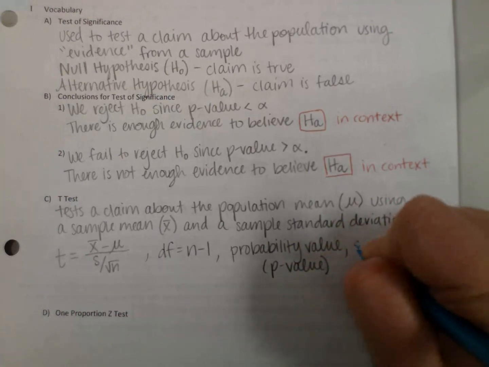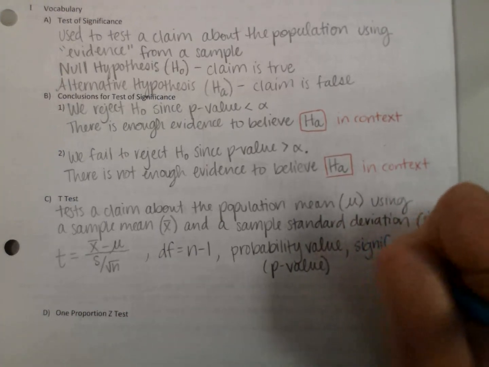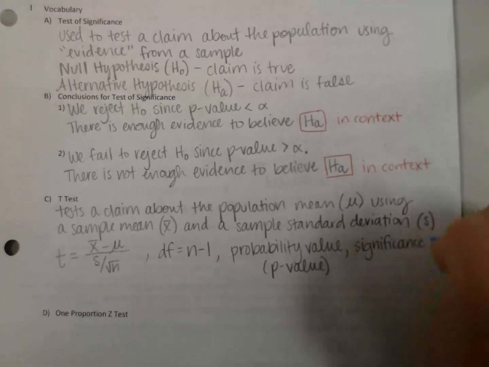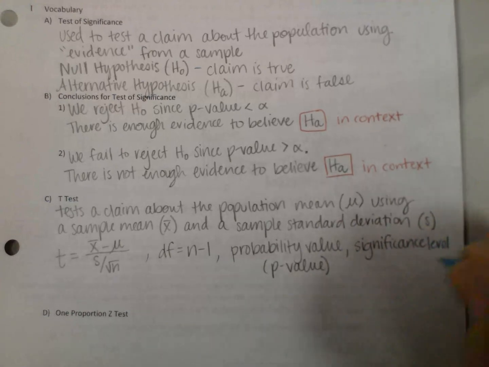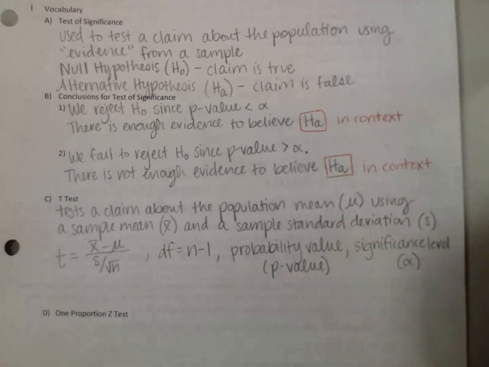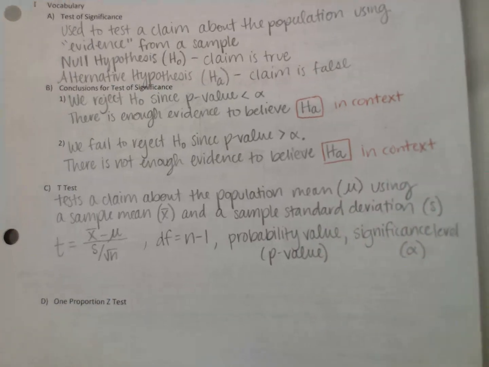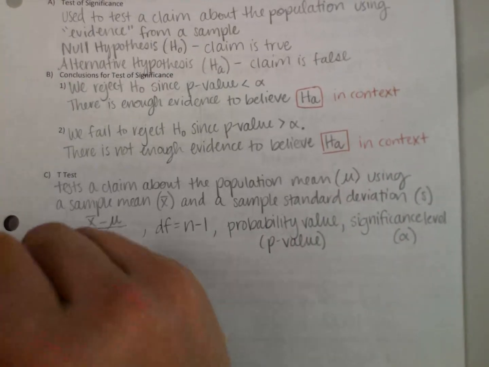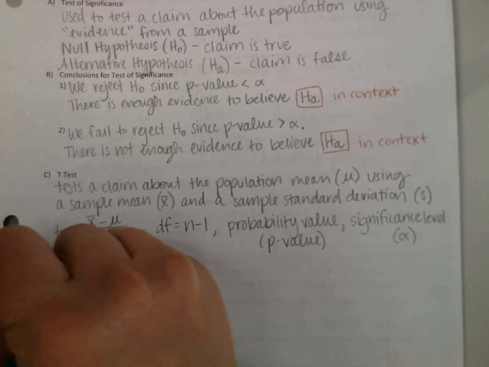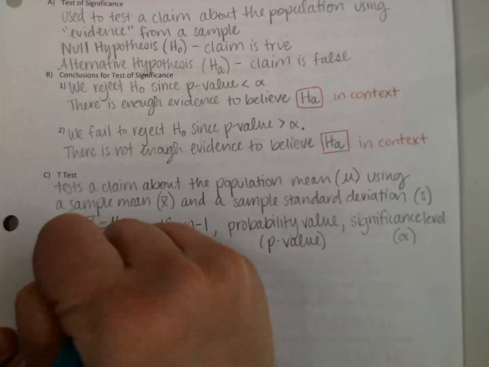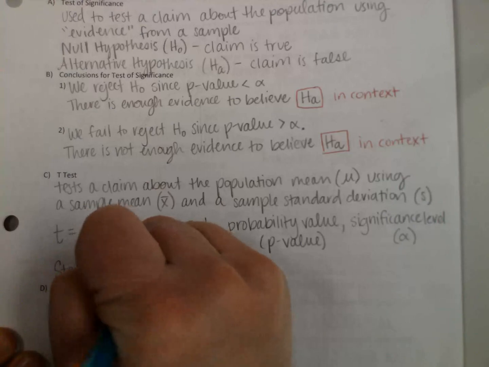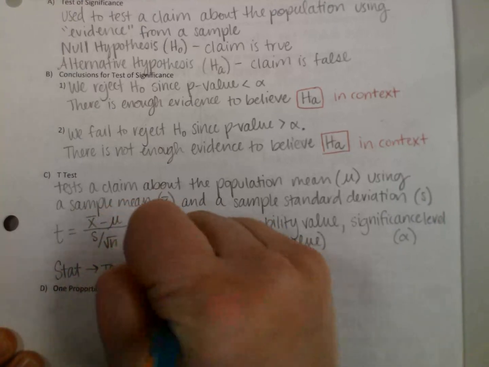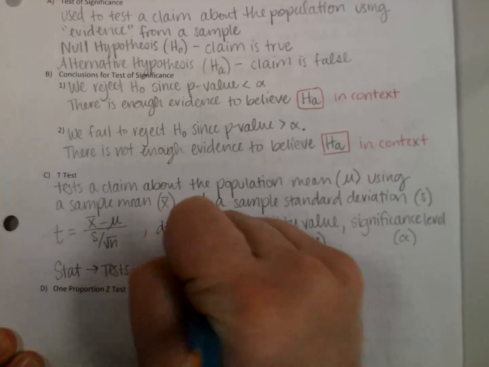And you also need to make sure that you list your significance level, which is alpha, and typically we assume that to be 0.05 unless the problem tells us otherwise. And the shortcut feature in your calculator to do this is found in stat tests, number 2, which says t-test.